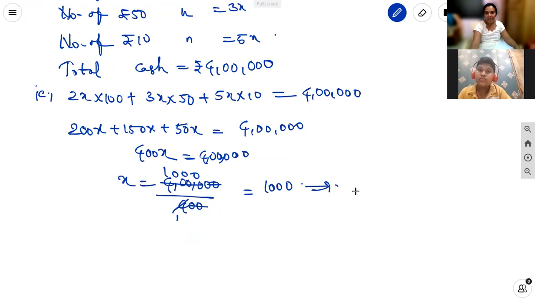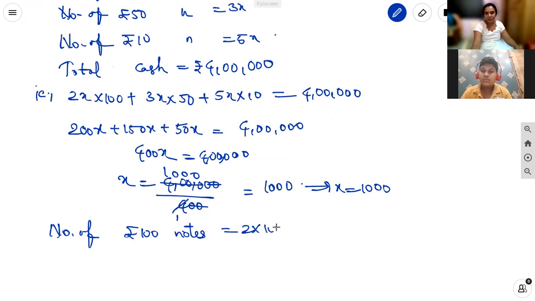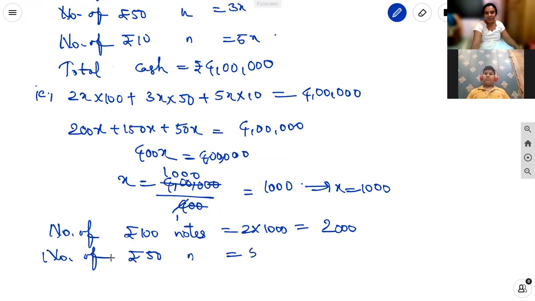From this, x equal to 1000 means the number of 100 rupee notes equal to 2 into 1000 equal to 2000. Number of 50 rupee notes equal to 3 into 1000, 3000.